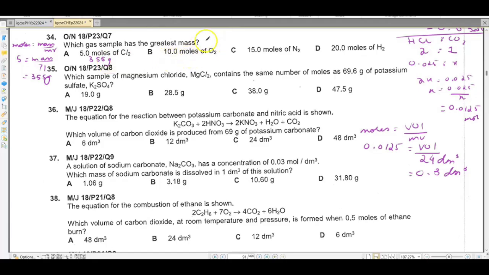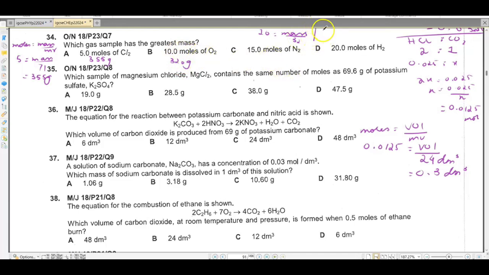Over here we have O2. So moles are 10, mass we have to find, and Mr is going to be 32. 32 into 10 is going to be 320. So 320 grams are there in 10 moles of O2.